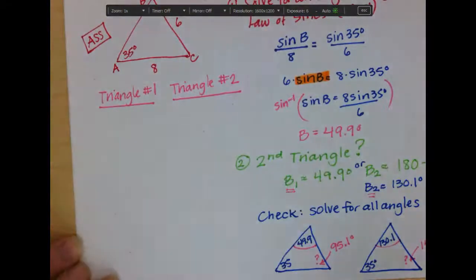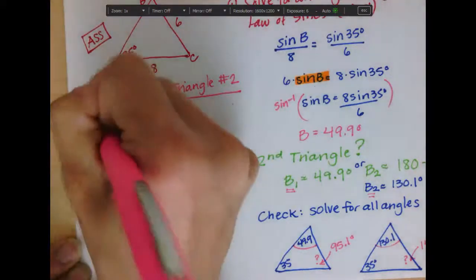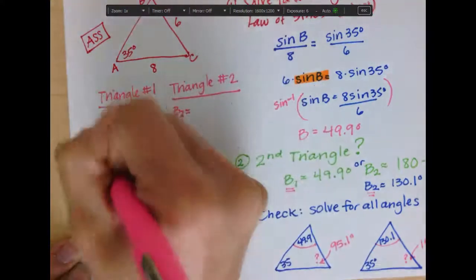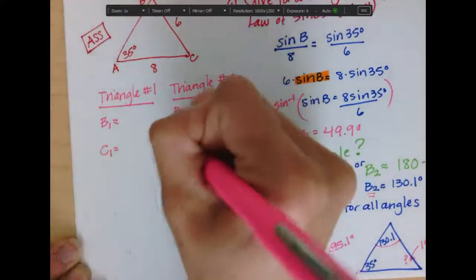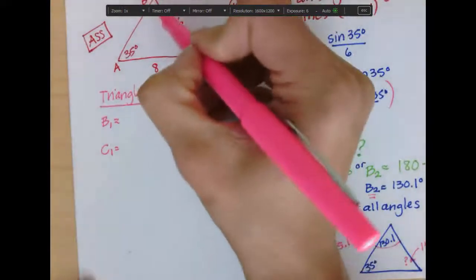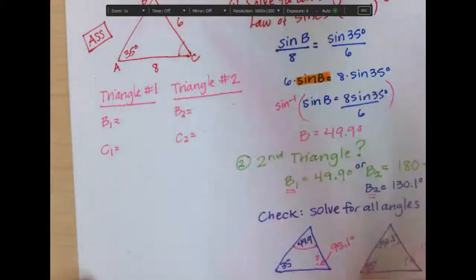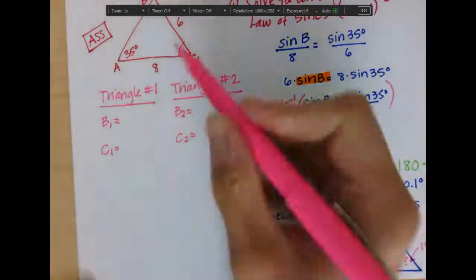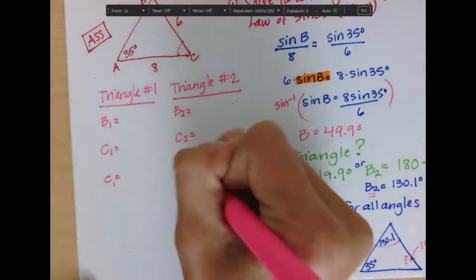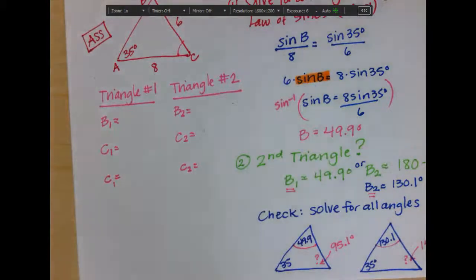Okay? And so I need to give a B1 as well as a B2, and I need to give a C1 and a C2. So those are the angle possibilities here for B and for C. And then also in this problem I needed to solve for lowercase c, the side length, and I'll have two different options once again.